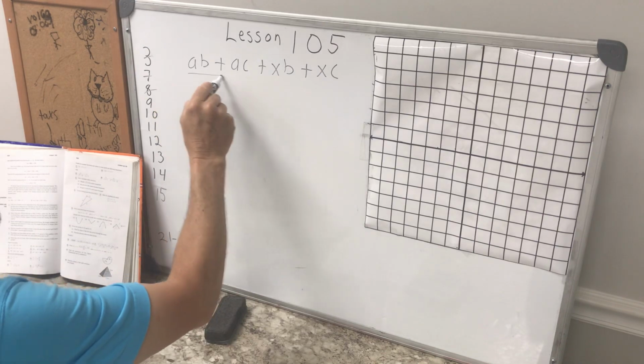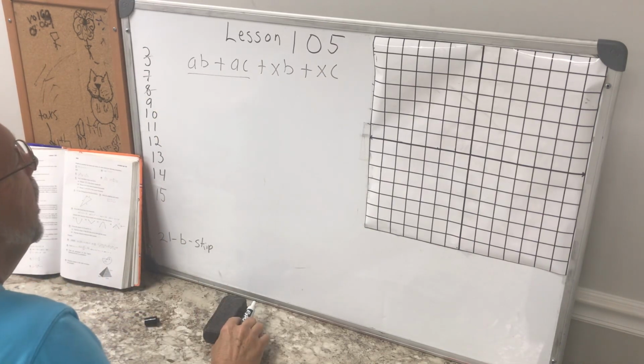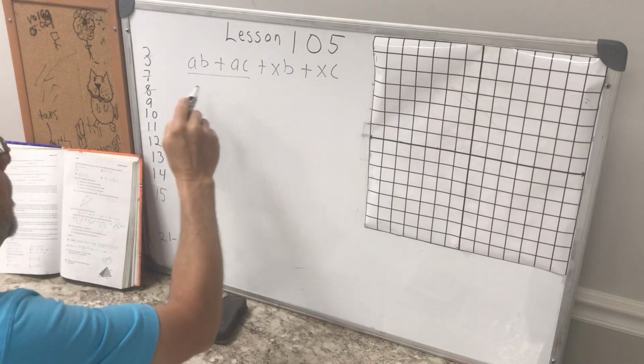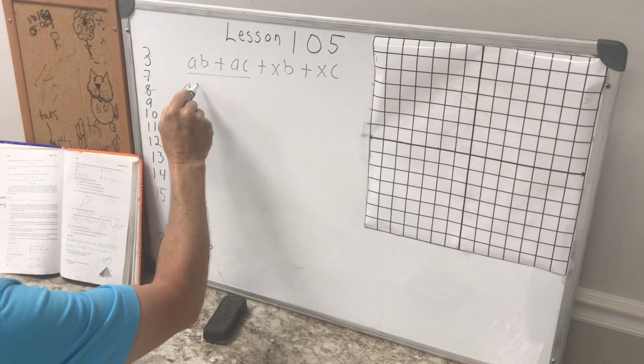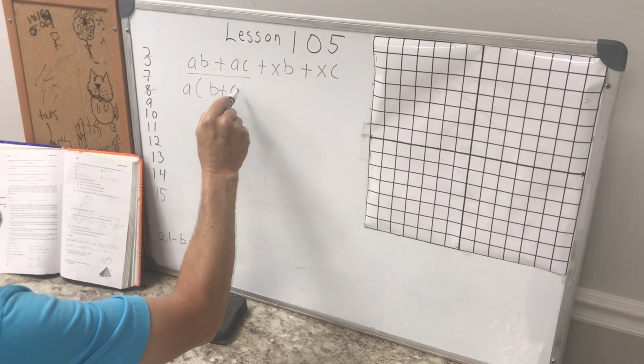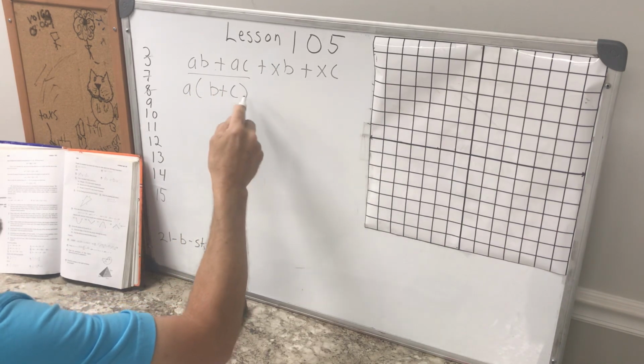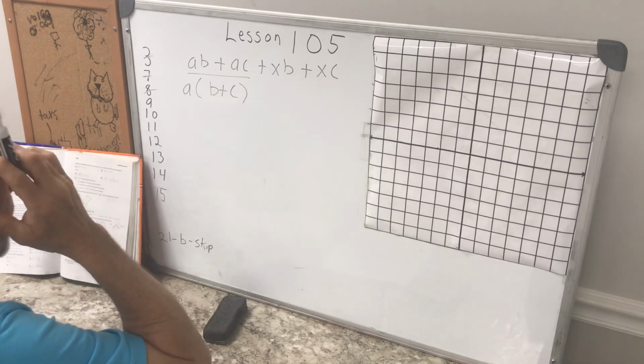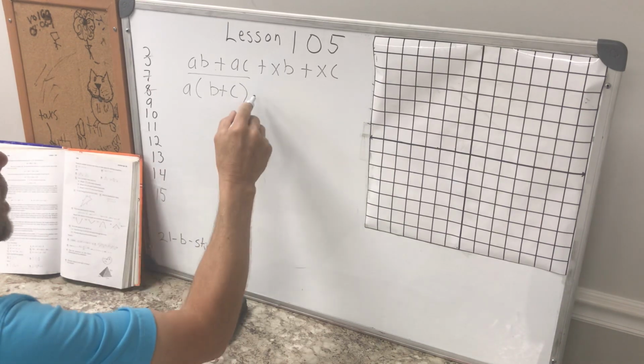All right, let's look at these two terms right here. What can we factor out? Hopefully you can quickly see we can factor out an a, and what we have left is b plus c. When we factor out of here, we want to end up with the b plus c also. You're getting to catch the idea.